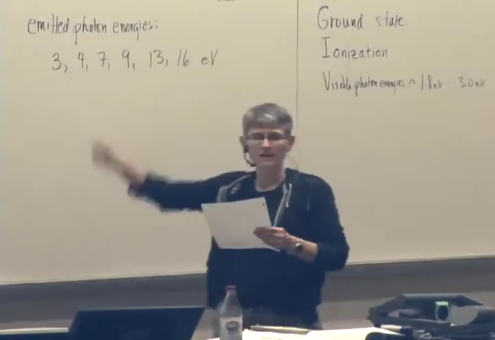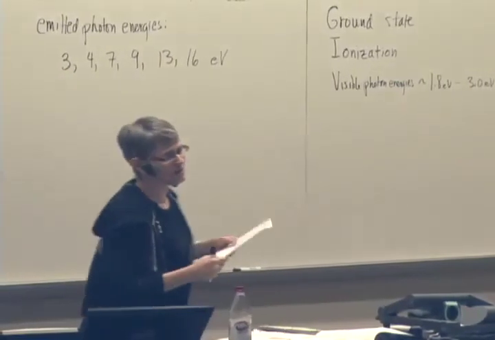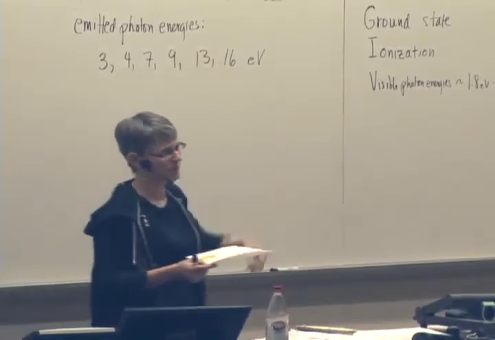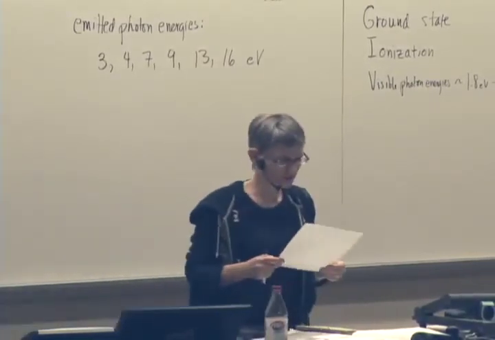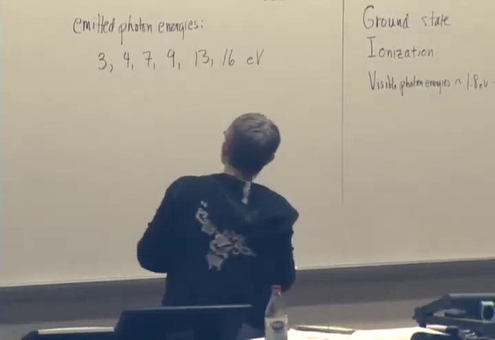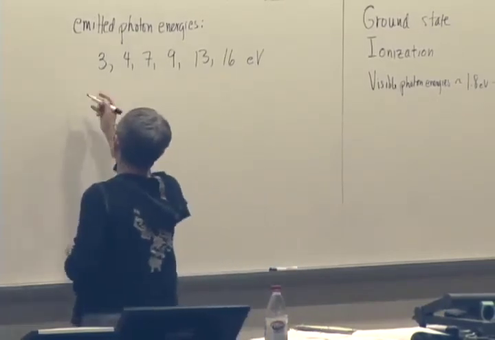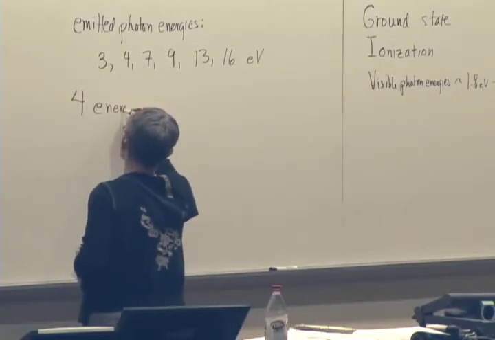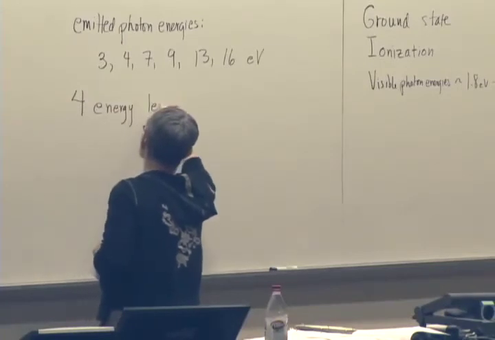So, in fact, this is probably not your eye you're using to detect these things. Your eye might see these, but we're up in the ultraviolet or whatever range before. And we also know something else about this system. We have reason to suspect that there are 4 energy levels.